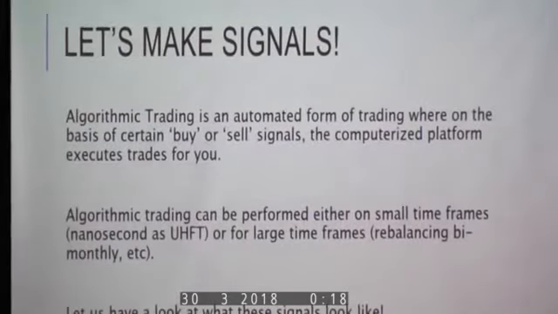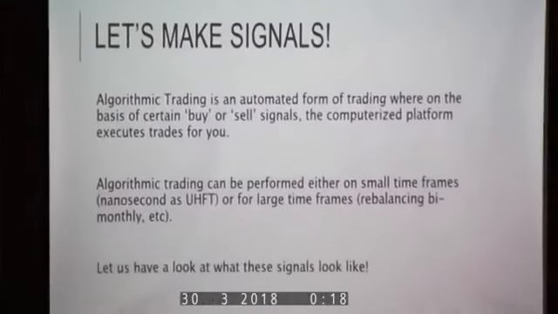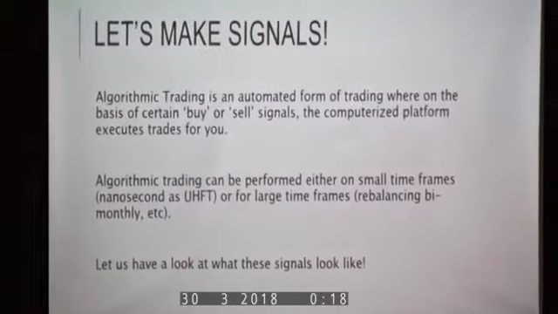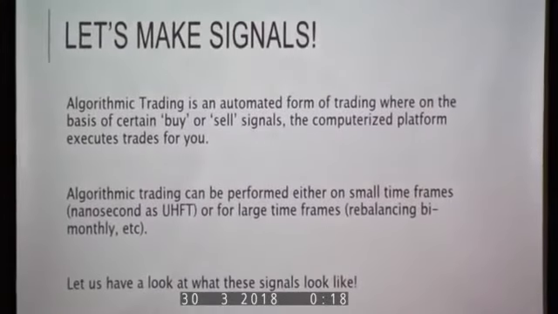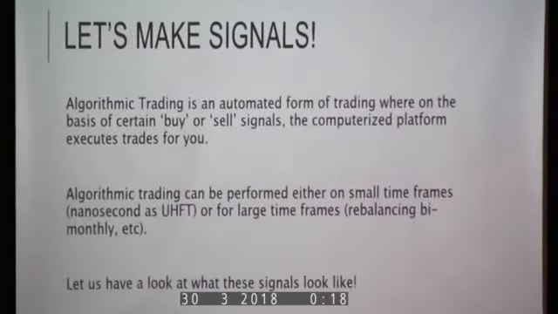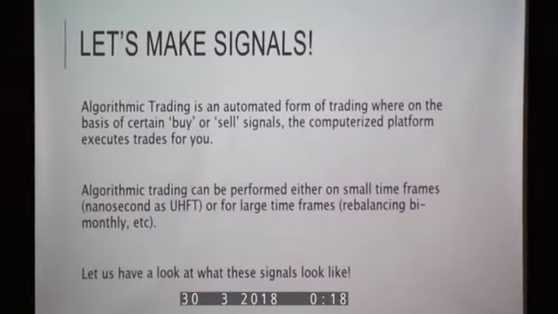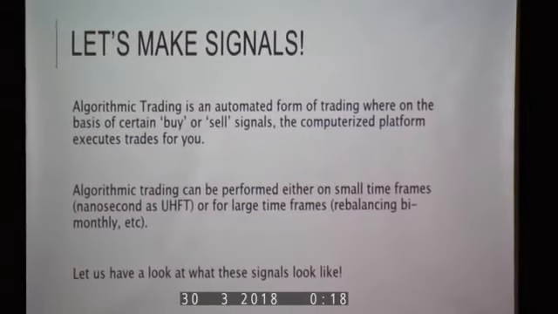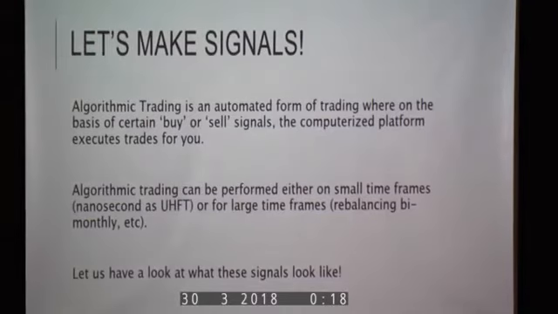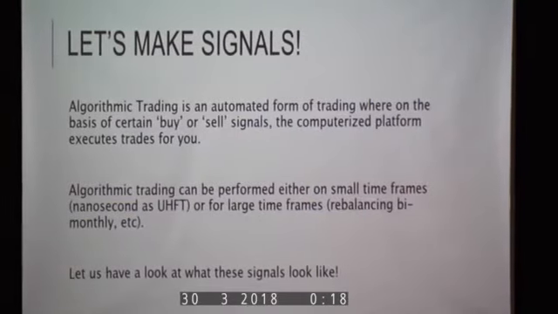So previously I was talking about algorithmic trading. Let's have a look at how we can make one of those signals. The thing about making those signals is you can use them, and algorithmic trading basically means you use a trade bot.